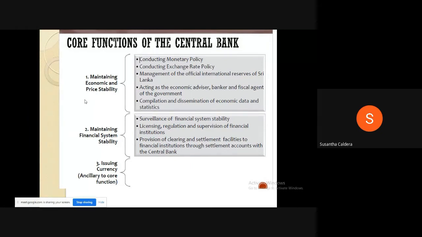Then provision of clearing and settlement facilities to financial institutions through settlement accounts with the central bank. So clearing and settlement facilities for financial institutions will be organized by the Central Bank of Sri Lanka. Right?